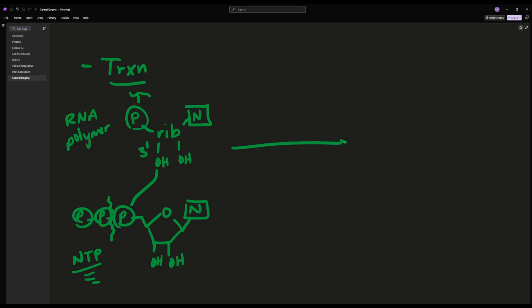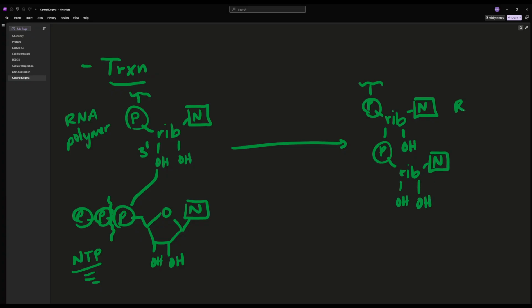So when we write this all out, we convert this over. We have our phosphate, ribose. This was part of our polymer. And now we have attached on our second nucleotide. So we've elongated our RNA polymer by 1 nucleotide.